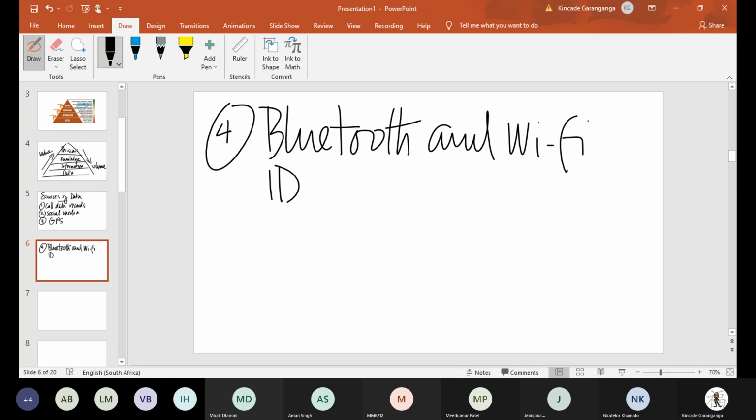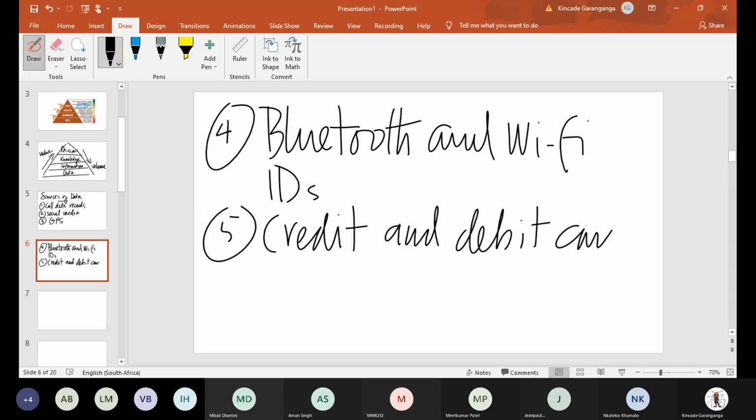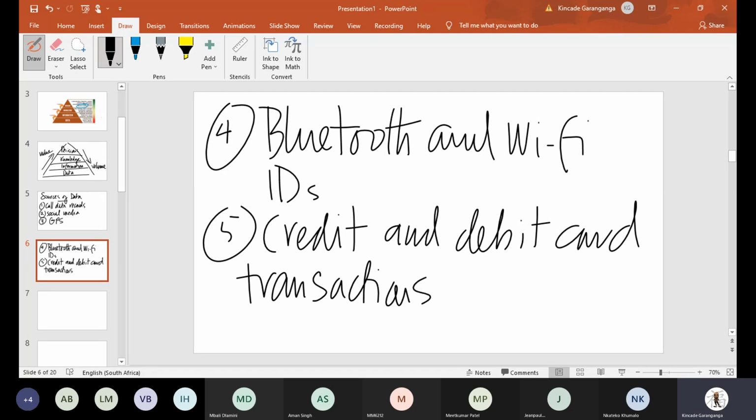So identification and debit card transactions. So these are all examples of where you can find basic sources of data, not the only ones that are out there, but obviously some of the most common ones that you'll distinctively find as far as your setup would go.